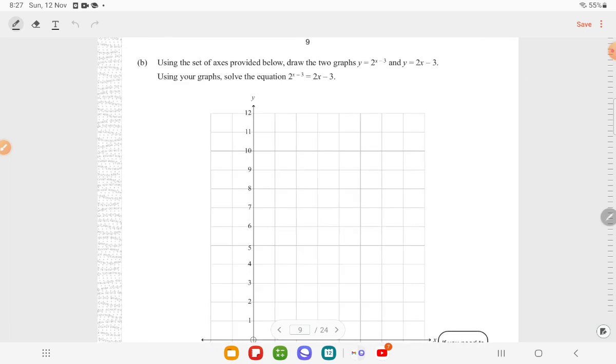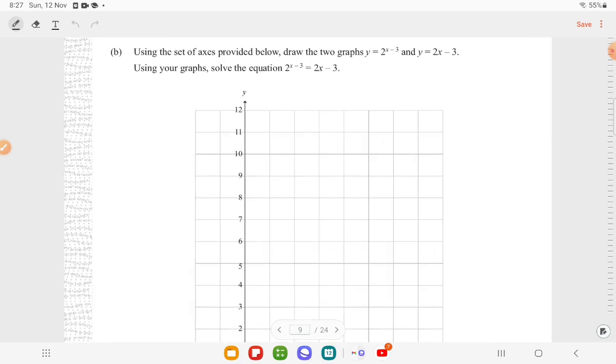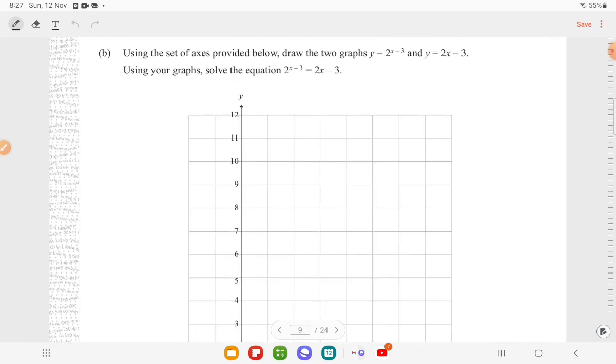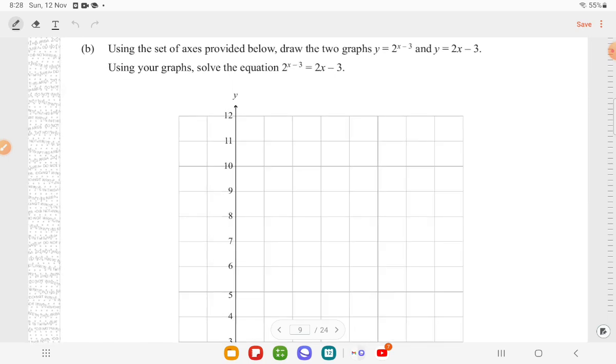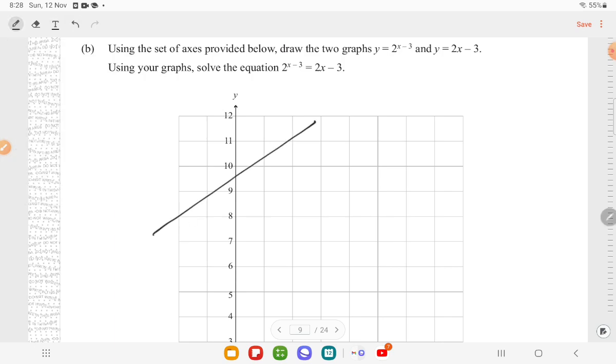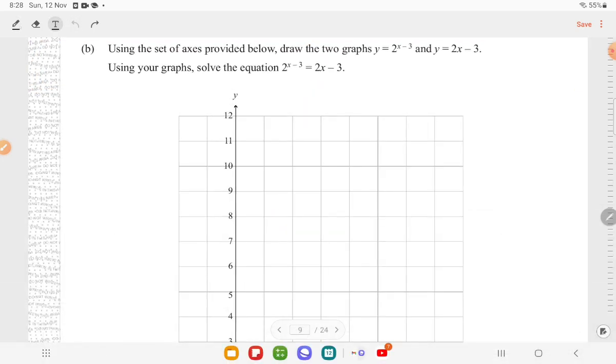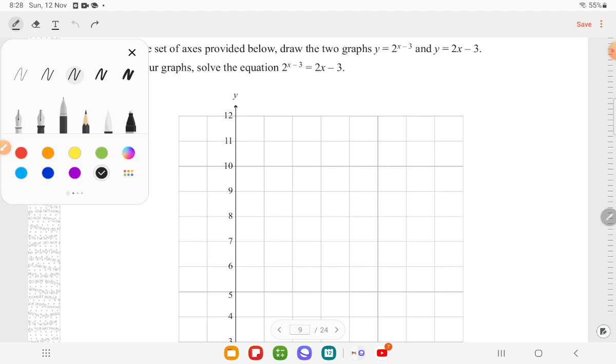Using the set of x's provided below, draw the two graphs y equals 2x take away 3 and y equals 2 to the x take away 3. Wait. Okay. I don't need a text box.